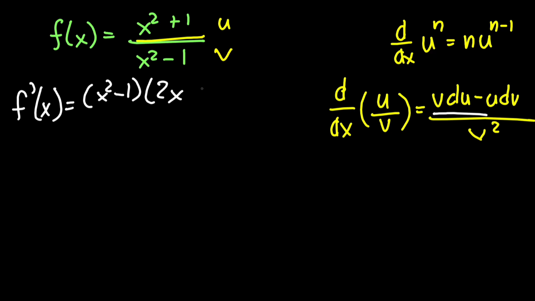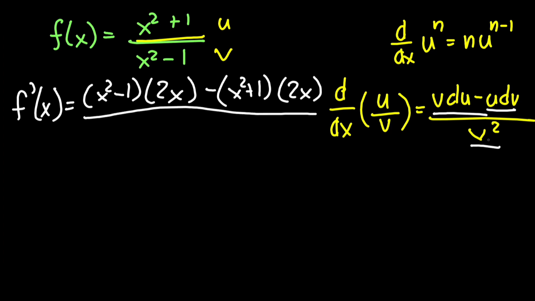Derivative of 1 would be 0. Minus u multiplied by dv, which is x squared plus 1 multiplied by derivative of x squared, which would be 2x, over v squared, which is this one. So it would be x squared minus 1 to the power of 2.